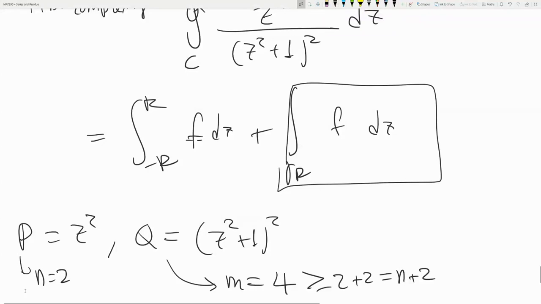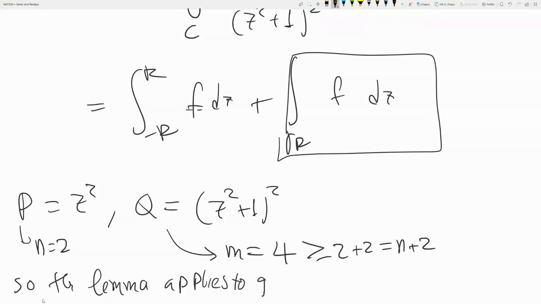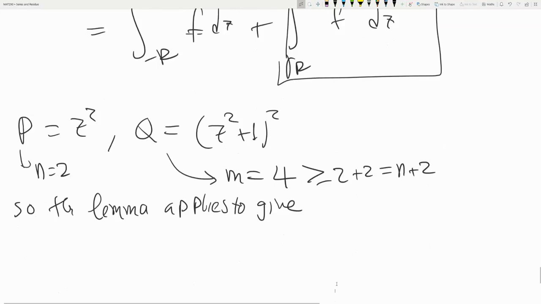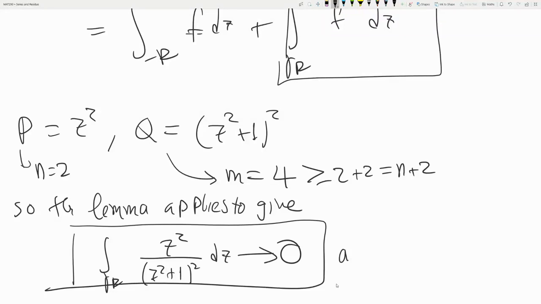Okay, so the lemma applies to give that the integral of z squared over (z squared plus 1) squared dz goes to 0 as r goes to plus infinity. Okay, so this guy is out. We can ignore it.